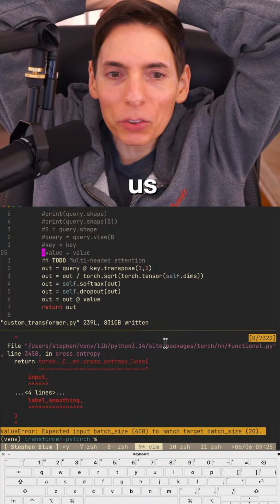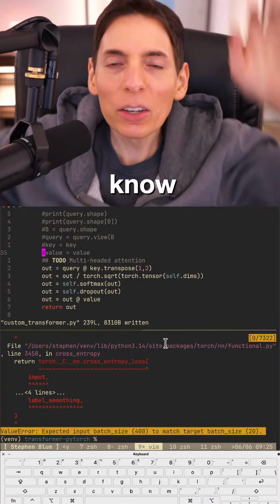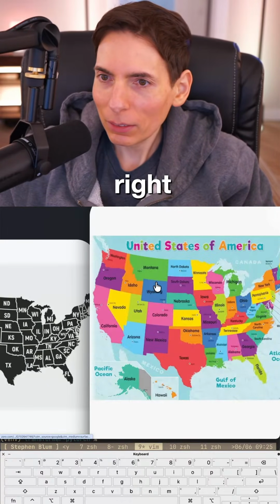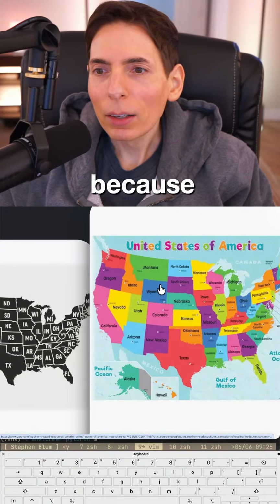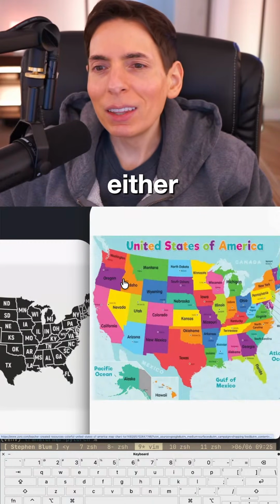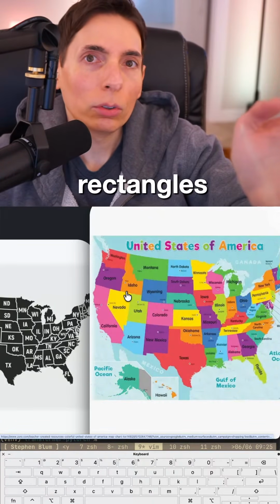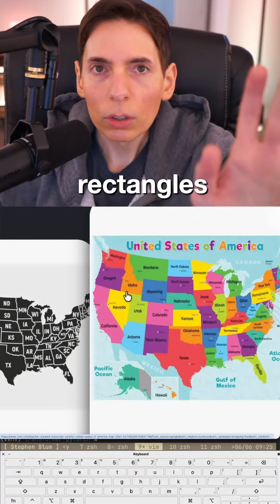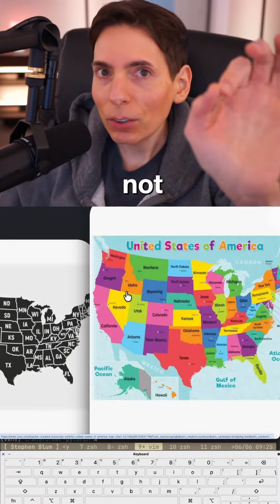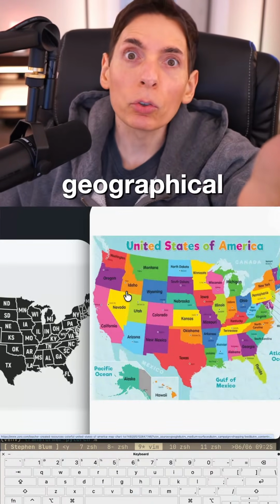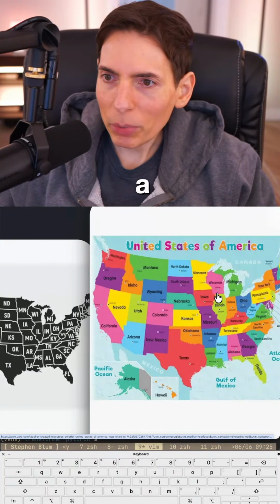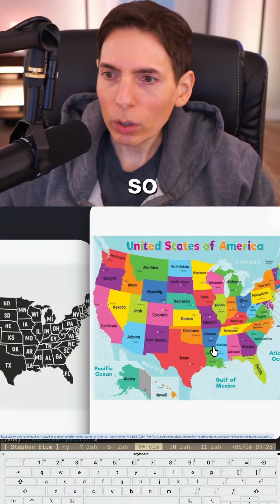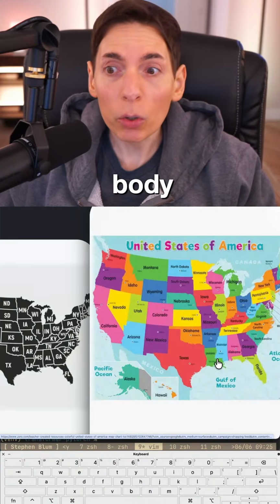I don't understand why US borders are rectangles. I know, why are the US rectangles, right? We've got a bunch of rectangles here. Well, all of them would be rectangles, except for the ones that are not are due to geographical considerations, right? So for example, there's the Mississippi River or something that happens here. So that divides the states. It's a body of water.